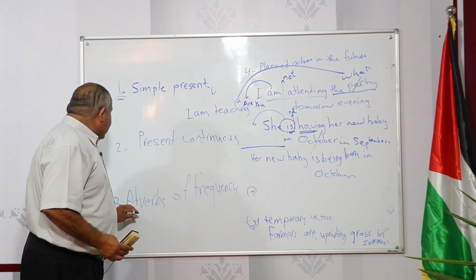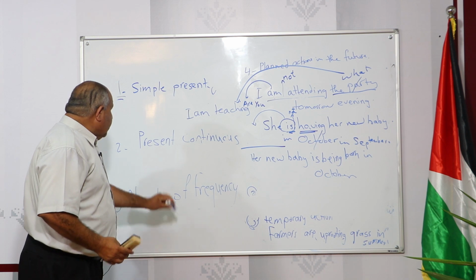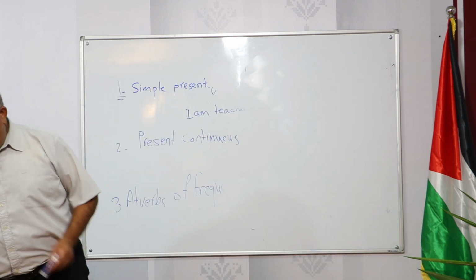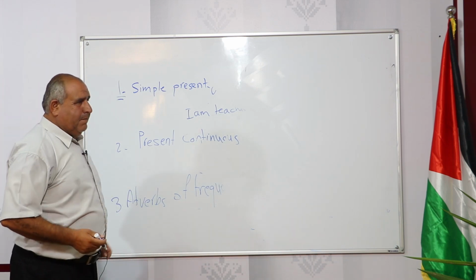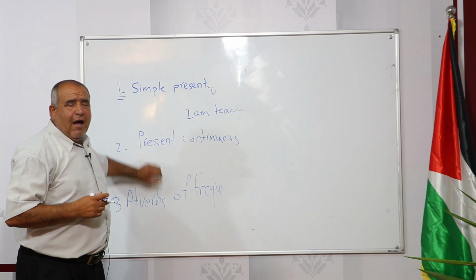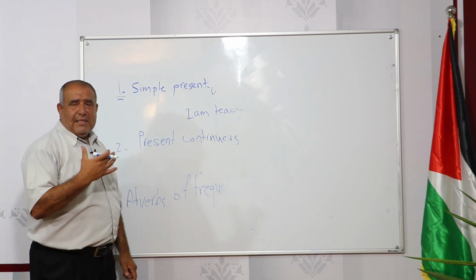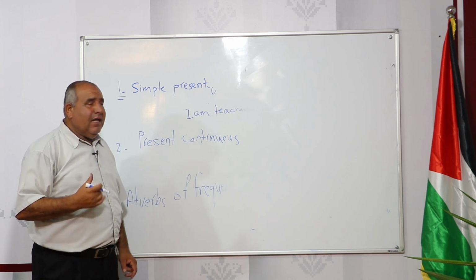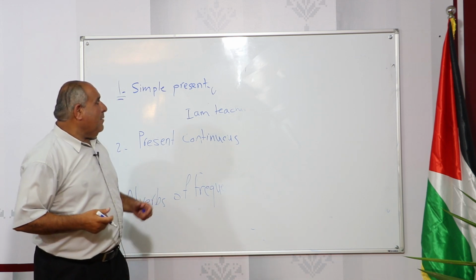Now I will discuss the third point, which is adverbs of frequency. Now, what do we mean by frequency? Frequency comes from the word frequent. So I say, I frequently ask questions. You frequently come to the university. So the word frequency means frequently.